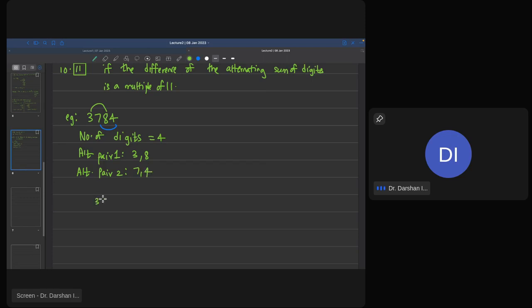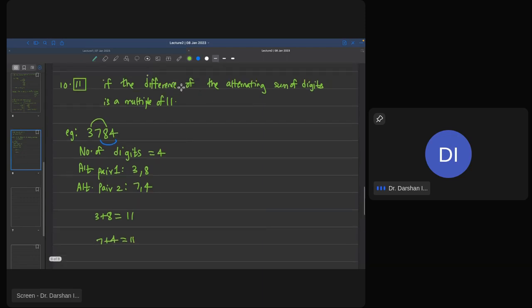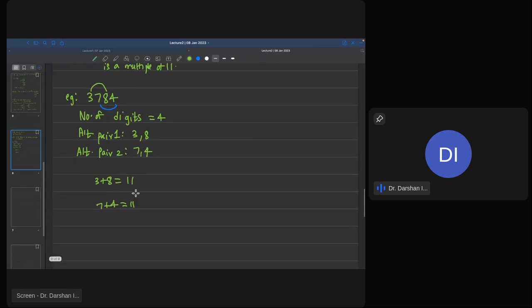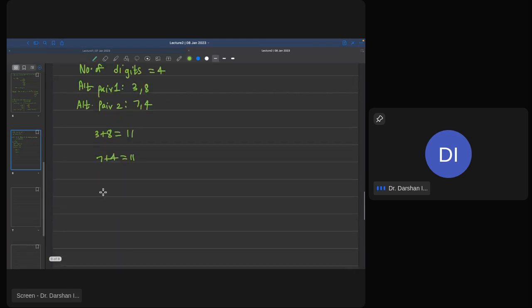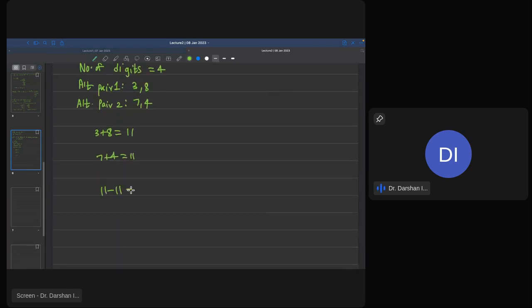Now 3 plus 8, 11. 7 plus 4, 11. This is the first alternating sum and this is the second alternating sum. What I need to see is whether the difference is a multiple of 11, right? 11 minus 11 is 0. Is it a multiple of 11?